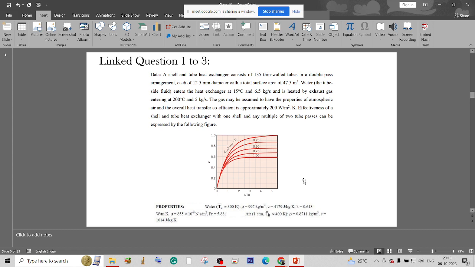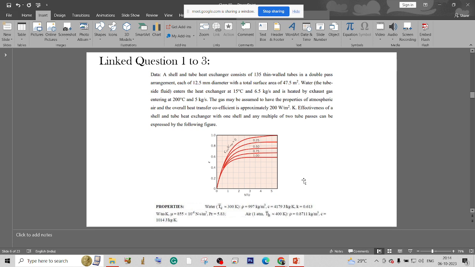That is, cold fluid inlet temperature is 15 degrees Celsius, and mass flow rate is 6.5 kg per second, and it is heated by exhaust gas entering, that is, hot fluid inlet temperature is 400 degrees Celsius and mass flow rate is 5 kg per second. The gas may be assumed to have the properties of atmospheric air, right? And the property values are also given. And the overall heat transfer coefficient is also given as 200 watt per meter square Kelvin.